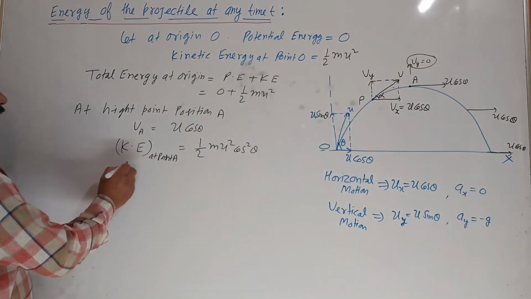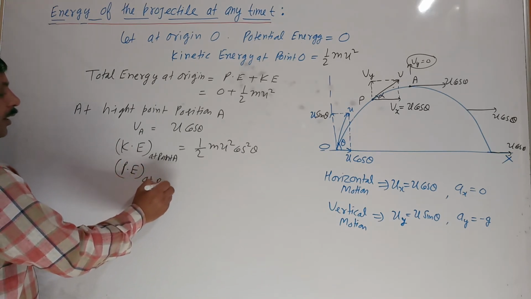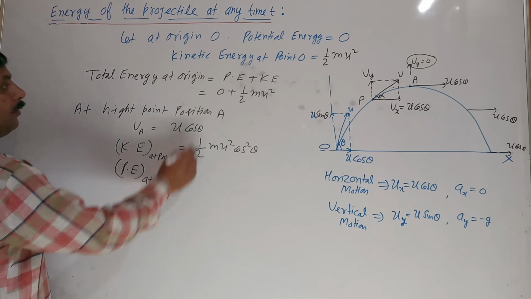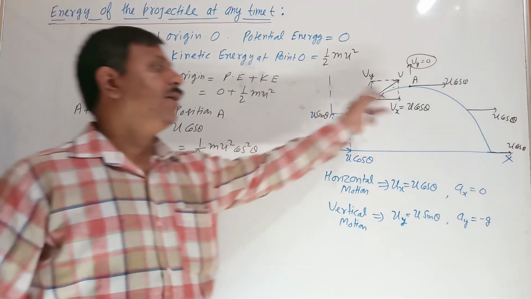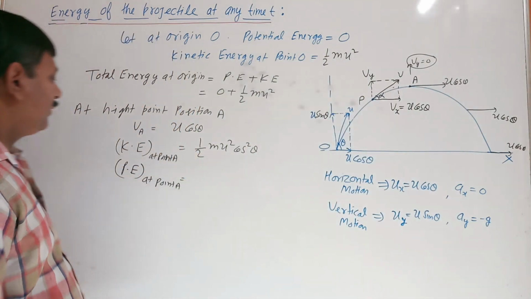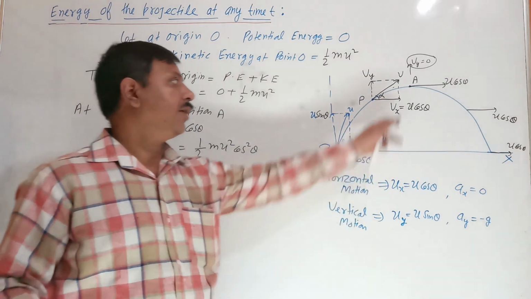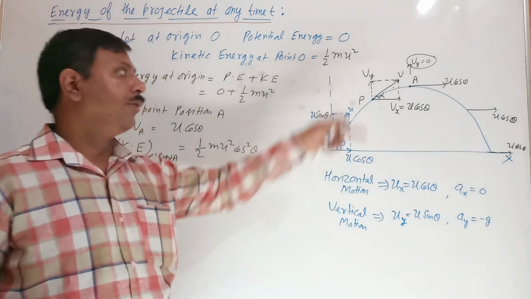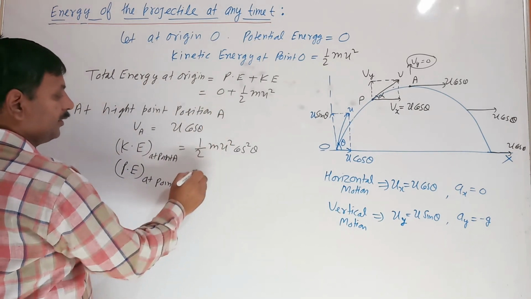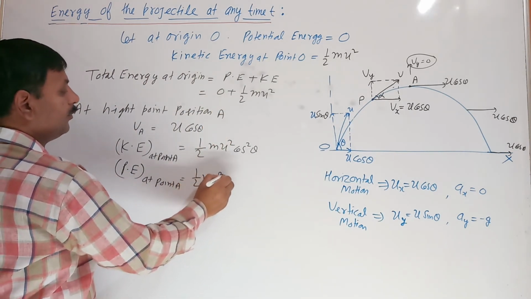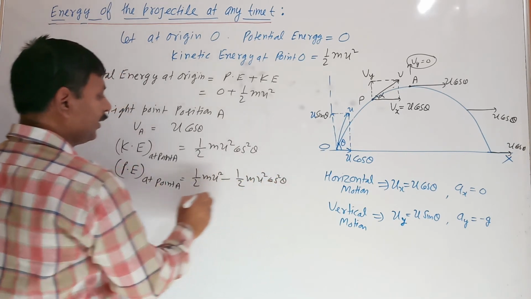And to find the potential energy, we can subtract from the total energy by the law of conservation of energy. Total energy will be the same. You can find it by two methods: you can apply mgh with the maximum height, or take total energy minus kinetic energy, half m u square minus half m u square cos square theta.